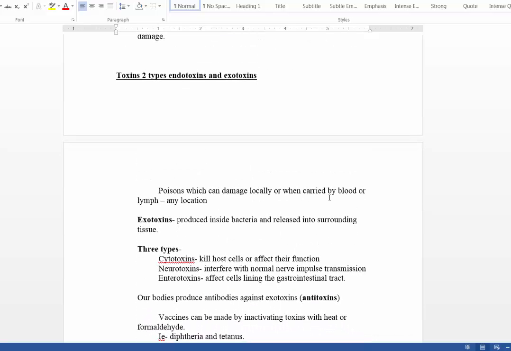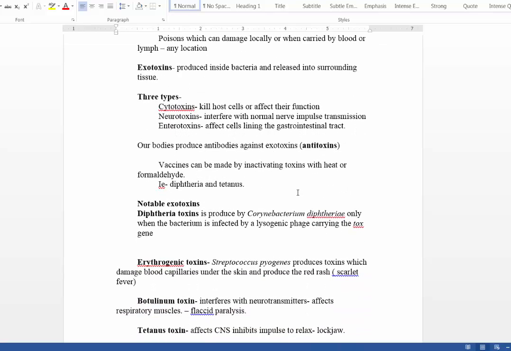Sometimes they carry toxins. These are poisons. There are two big classes of toxins, endotoxins and exotoxins. Endo meaning inside, exo meaning outside or exiting. Let's take a look at exotoxins first. Okay, there are three types of exotoxins.